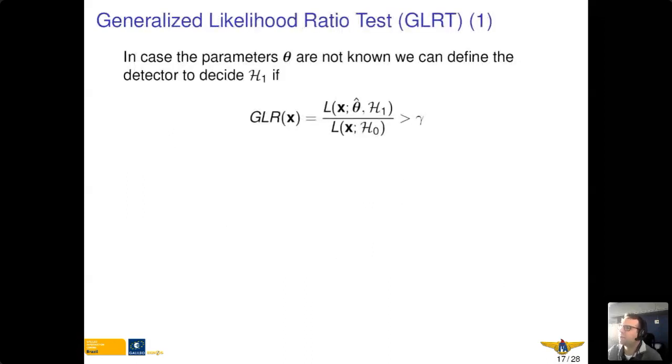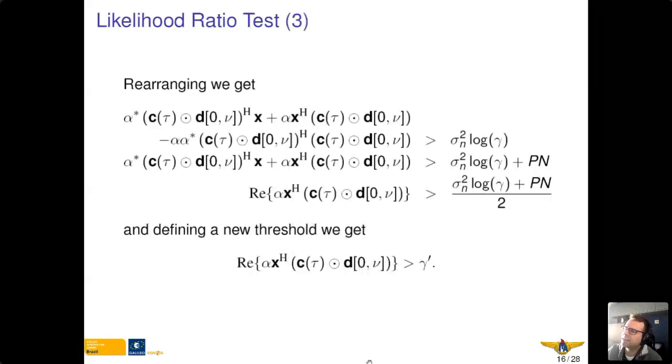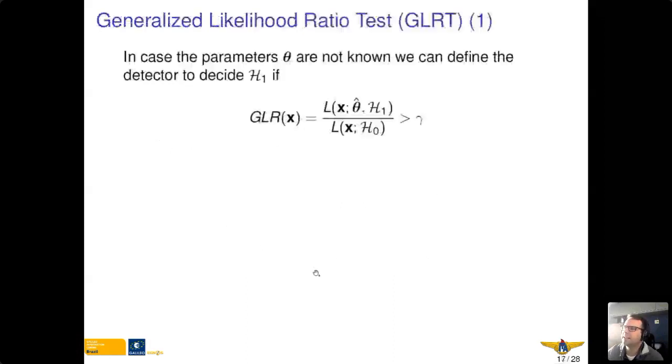This would be the case if we know the parameters, then we can perform this test. In case the parameters in theta are not known, and this is our case, we can define the detector to decide on hypothesis 1 if the following holds. This is now called the generalized likelihood ratio test, and this is the generalized likelihood ratio.